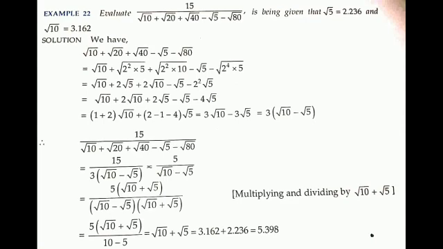Root 10 we will leave as it is, plus it is root 20. Root 20 can be written as root under 4 into 5, plus root 40 which can be written as root under 4 into 10, minus root 5, leave as it is.